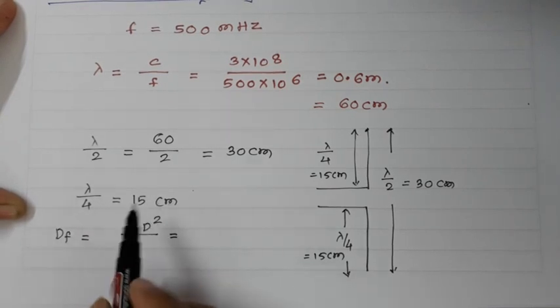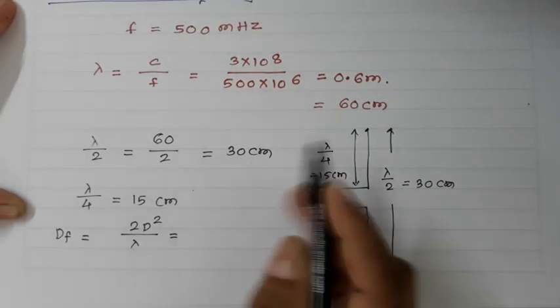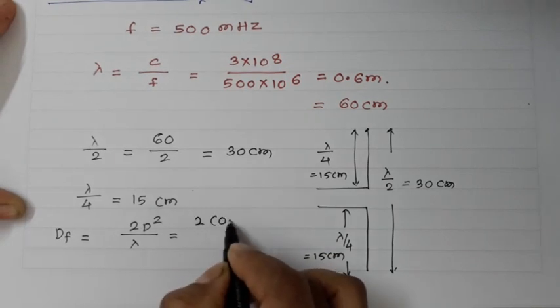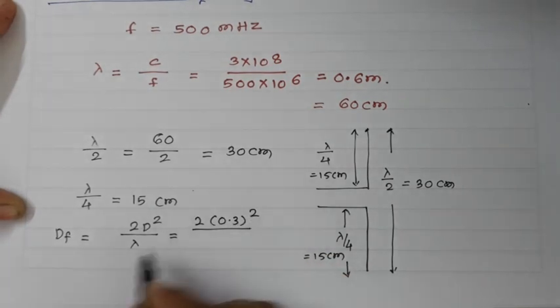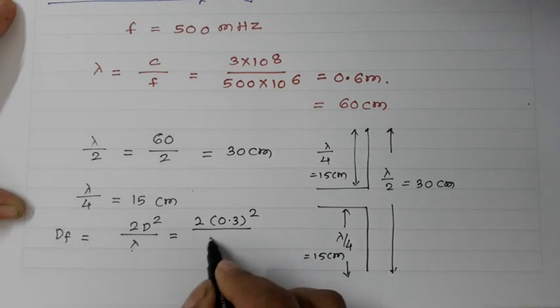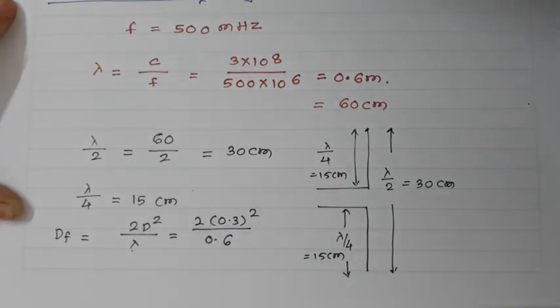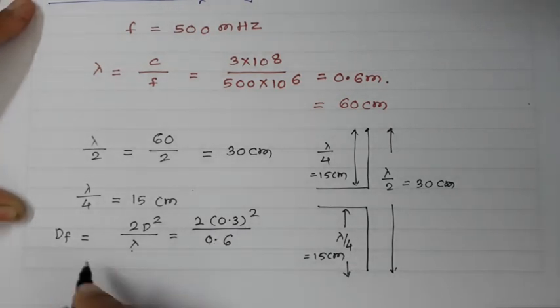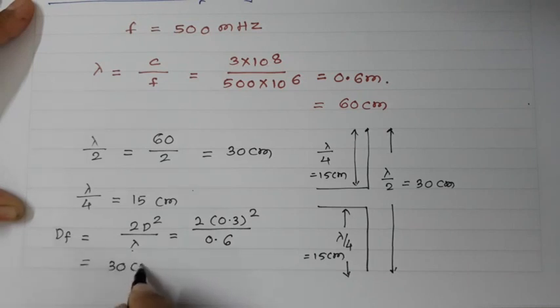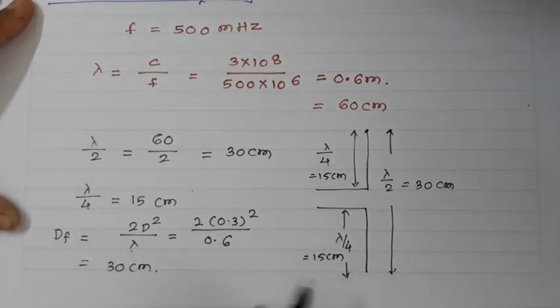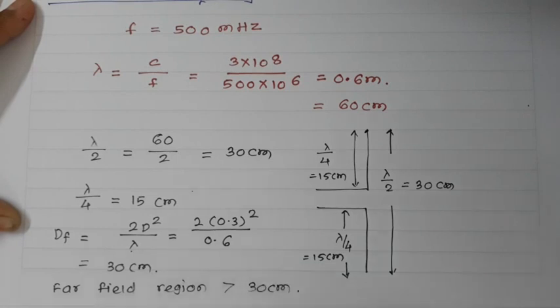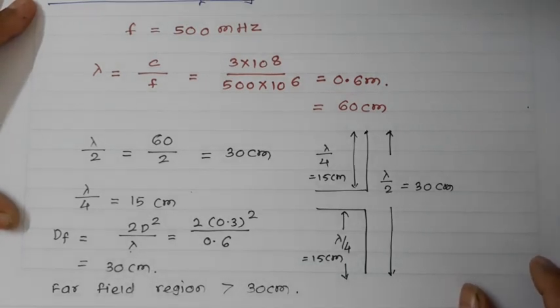Here d is the dimension of this antenna, which is 30 centimeters, but while calculating we convert it into meters, and lambda is the wavelength of that particular antenna. So we calculate this, df is equal to 30 centimeters. So you can say your far field region is the region greater than 30 centimeters. So we have kept our antennas in the far field region, and we'll see the characteristics of this particular antenna.